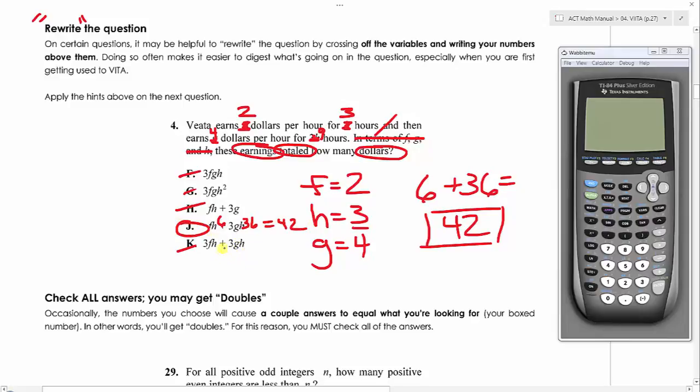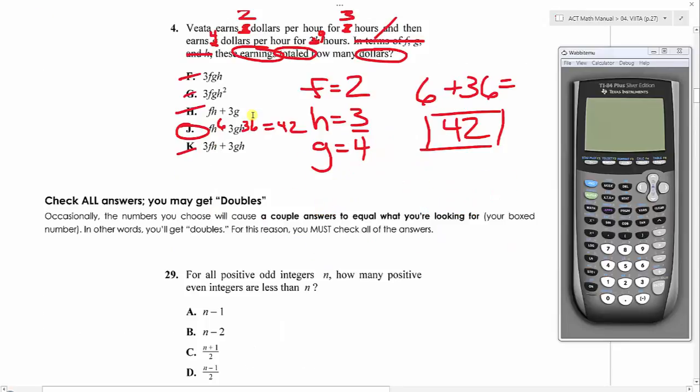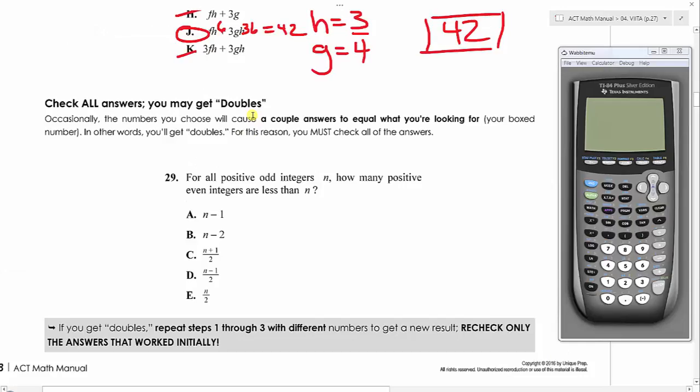Again, remember, normally you would have to go through all the answers and check all of them, but the bottom line with this example is that when you are getting your feet wet with the VITA, when you're just learning how to use the technique, you may want to cross off the variables in the question and write the numbers that you have used above those variables, and then reread the question, and hopefully things should seem pretty straightforward to you.